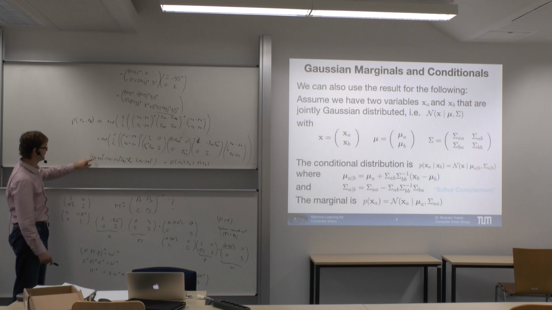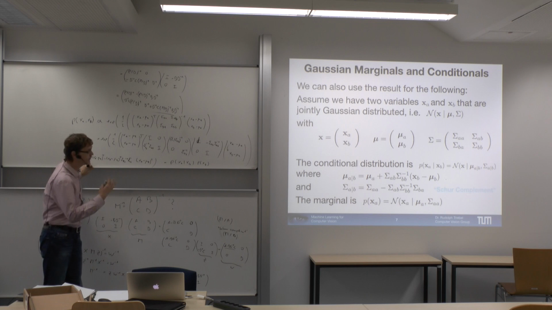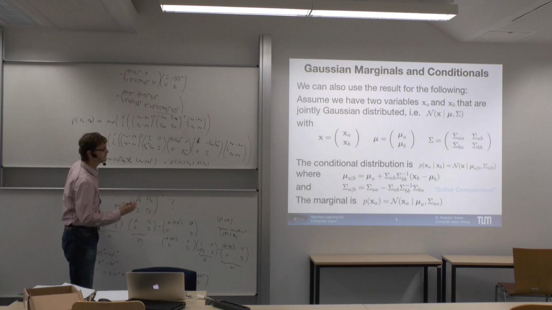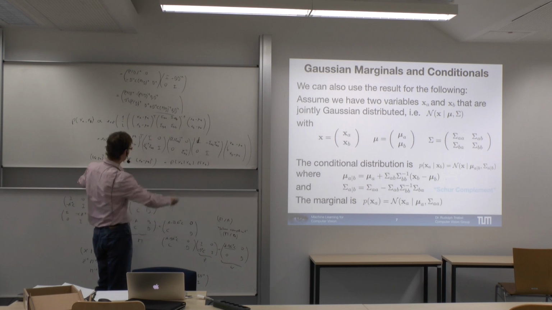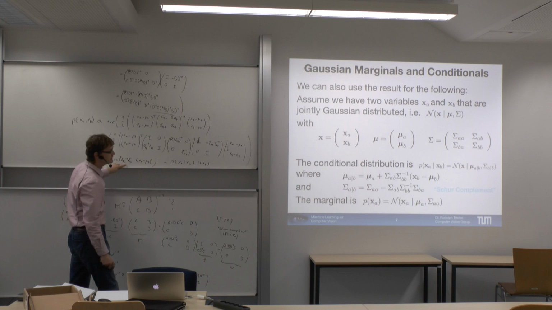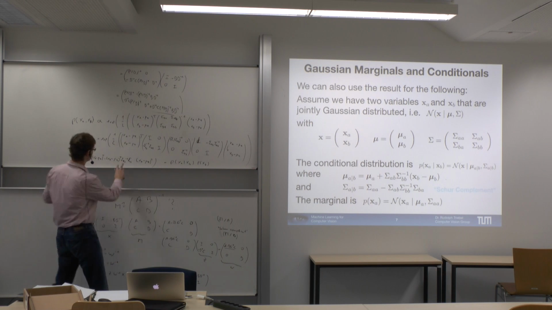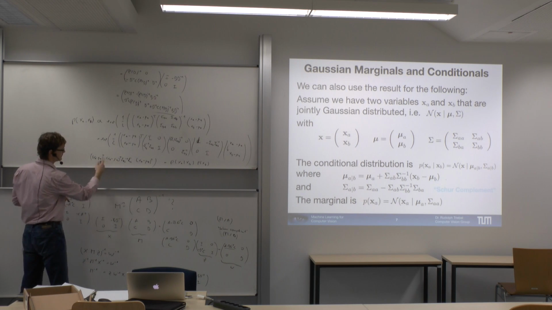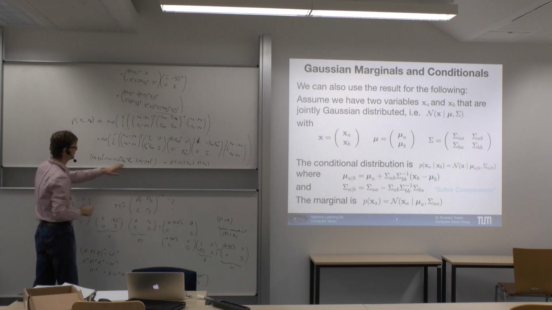We just take xa off and ask, what's the rest? Well, the rest is mu a plus sigma ab. Of course, we have to transpose this whole thing. This is a little tricky here.